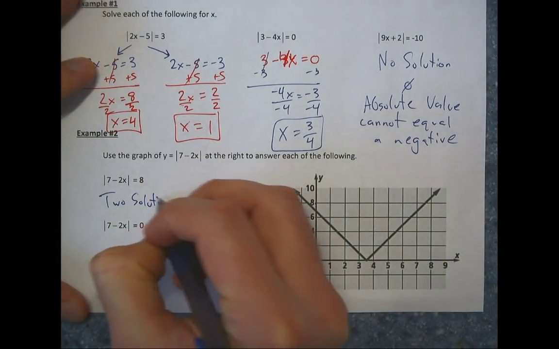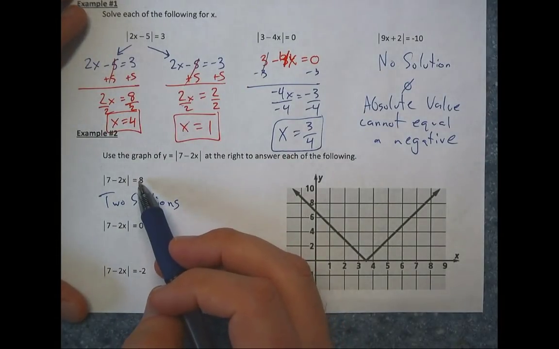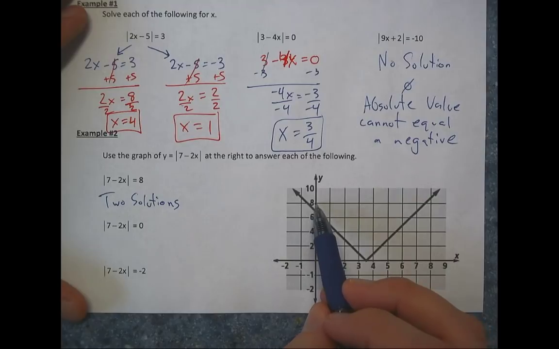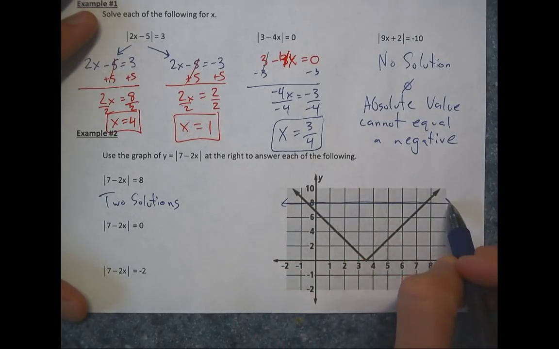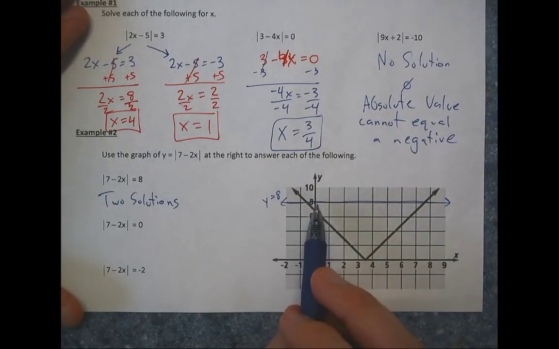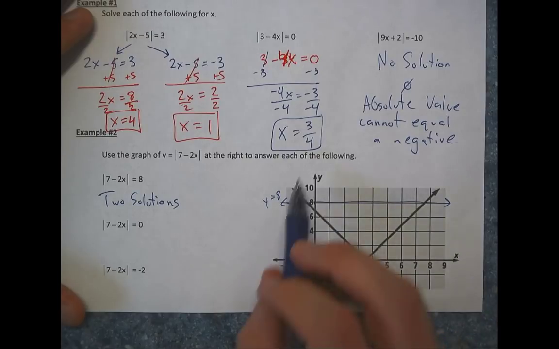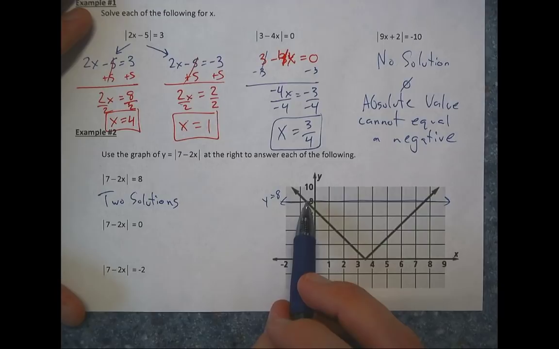And of course, that makes sense with what we did up here. A positive number has 2 answers. So where do we find them on the graph? So you want to think about your line, y equals 8. It's that horizontal line that hits the y-axis, and you go left to right. The x value changes, but it never goes up and down. It's always y equals 8. So what are the 2 values that it hits at?